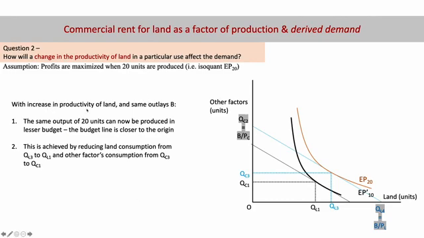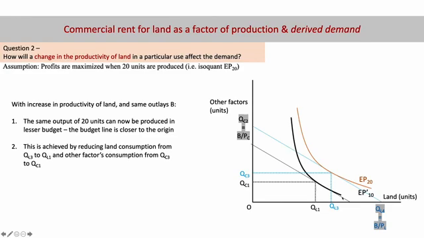Now, increase in productivity of land. So you remember earlier we were saying that the productivity of land is not changing. Here we are saying that the productivity of land is increasing, but the budget is same. So when the productivity of land is increasing, the isoquant would become steeper.